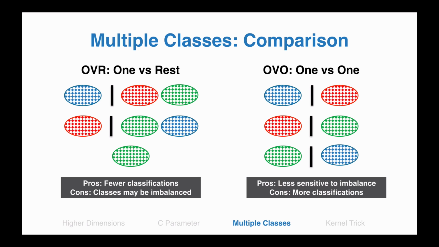If you were to classify the blue group versus, let's say, 9 other groups, that blue group is really small. The 9 other groups might just overpower that blue group and say that nothing is part of that blue class. That's a bit of imbalance right there, whereas on the OVO side, that wouldn't happen as much because you're just comparing one class at a time.